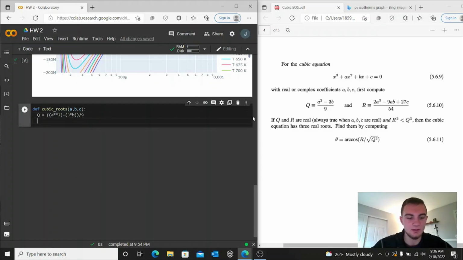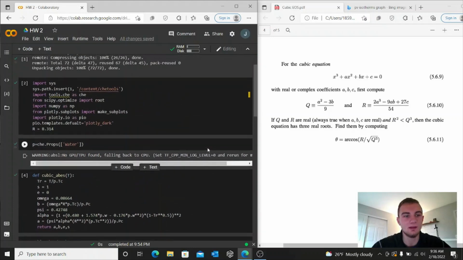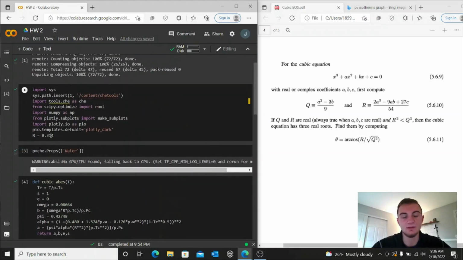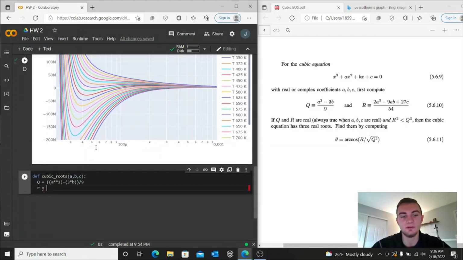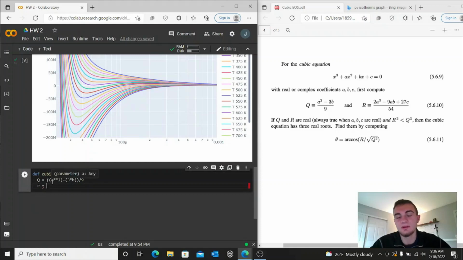and this will all be divided by 9. And our r here, and I'm going to use a lowercase r just so that we're not confusing the ideal gas constant R with this r value. It just helps me to not confuse them, so I'll use lowercase here. And we'll see that we have 2 times a cubed, so a to the third power.